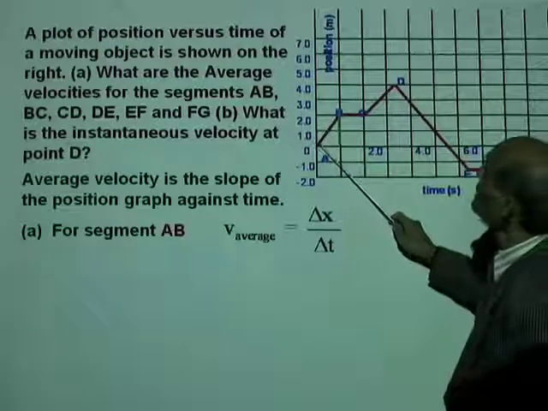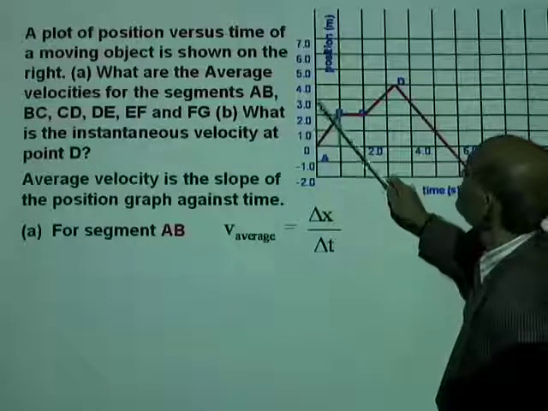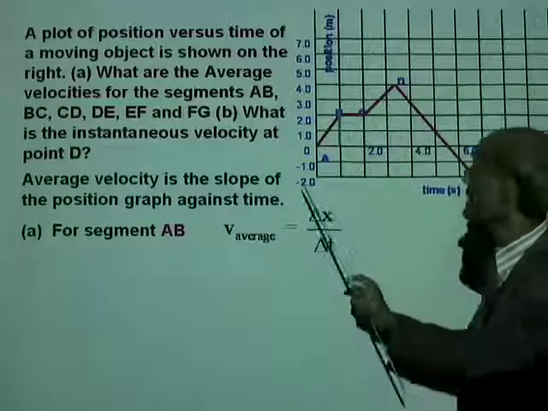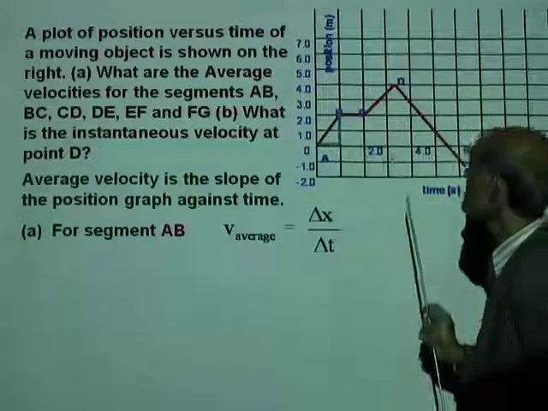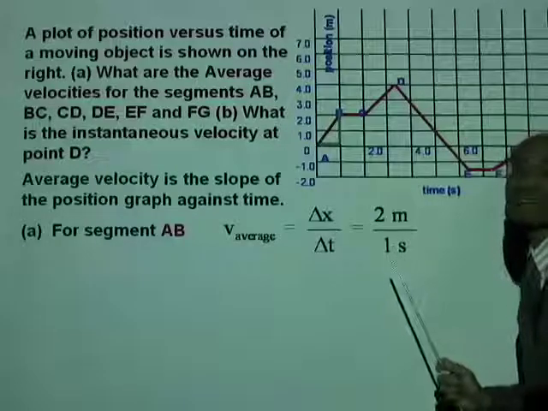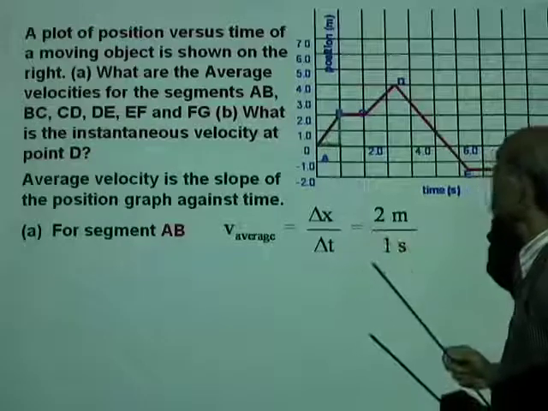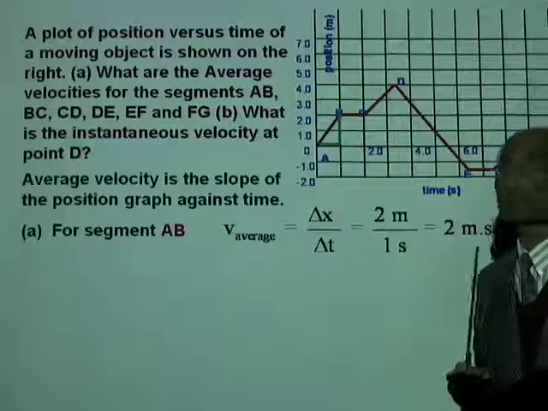And the x position goes 0, 1, 2, 3, 4, 5, 6, 7. Alright, so delta x is 2 meters, delta t is 1 second. The average velocity for that segment AB will be 2 meters per second.